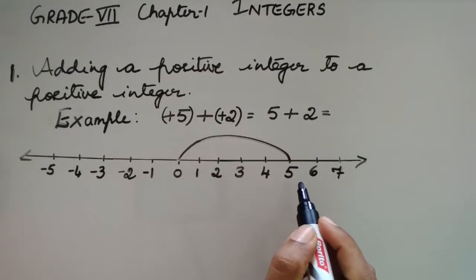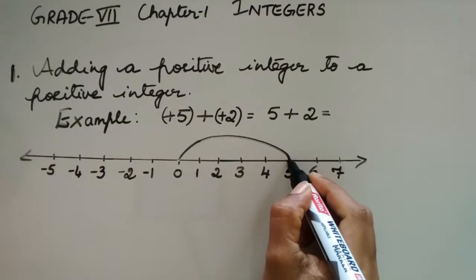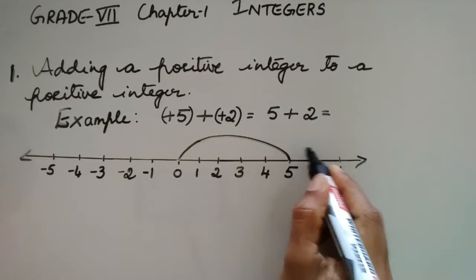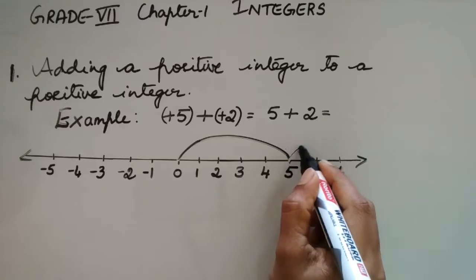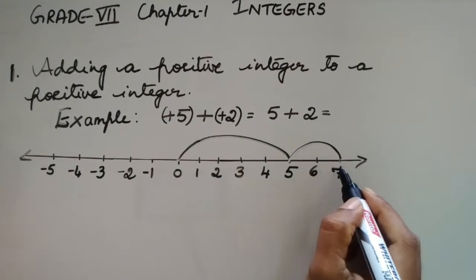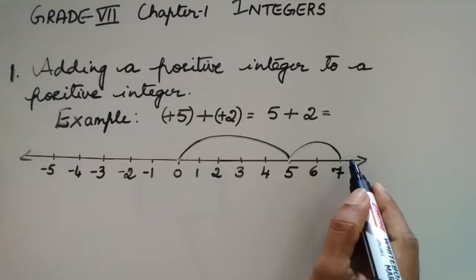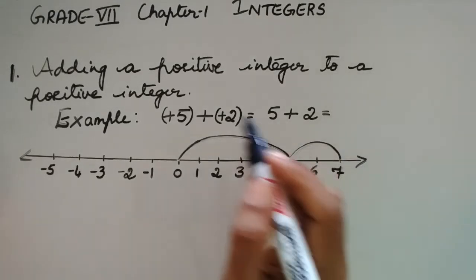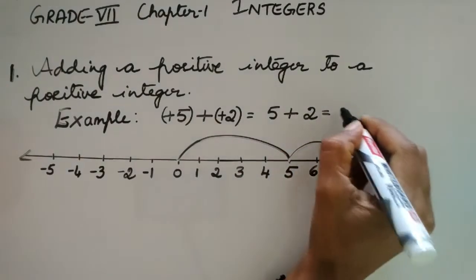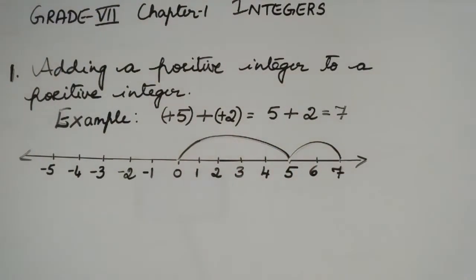So we move 2 to the right. 1, 2 here. So where did we reach? We reached 7, isn't it? So we got 5 plus 2 as 7. Did you get this, students? Okay.